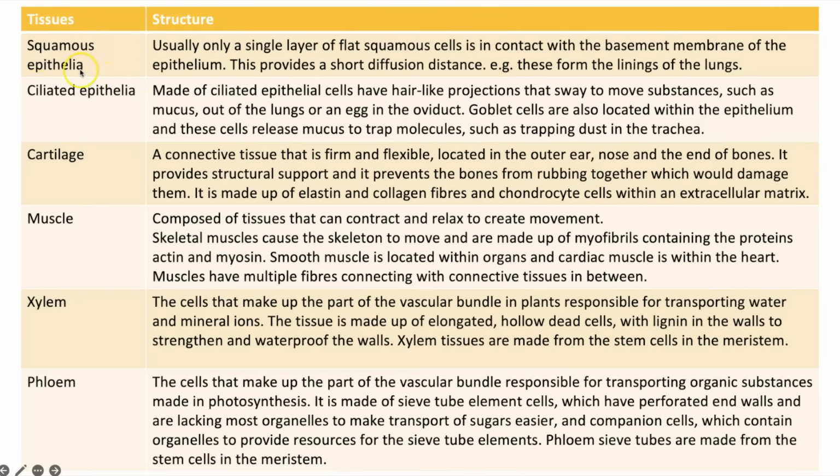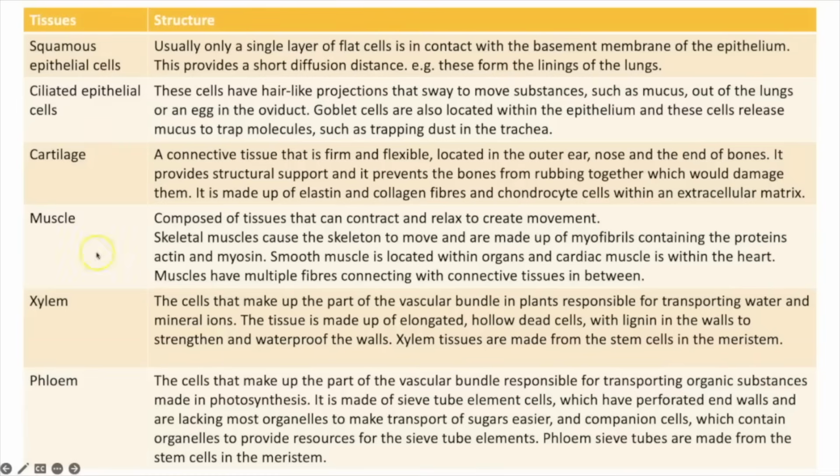However, these are the tissues, so at this point you would just say a squamous epithelial tissue and ciliated epithelial tissue, but those are made up of ciliated epithelial cells. But it's really important that when you're describing the tissue, you don't put cell at the end. These are the different tissues that you need to be aware of, the structure of each, and the function of them.